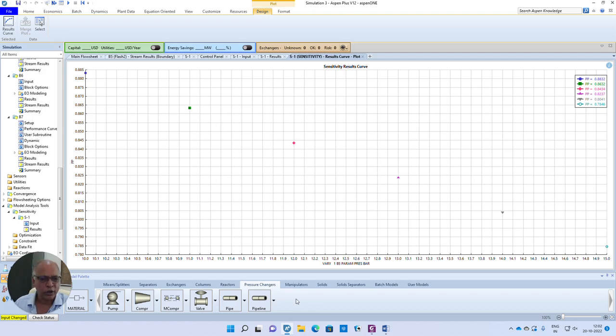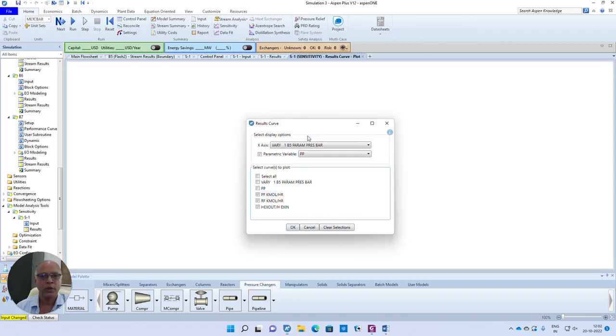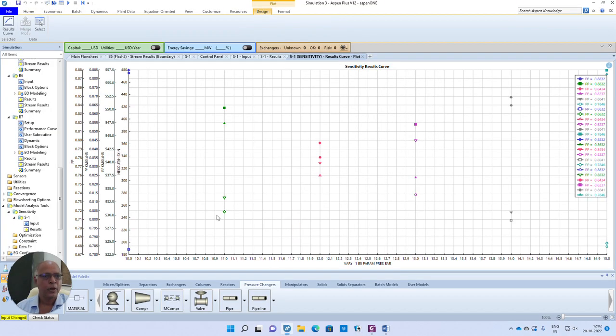In the same way, you can select all of them. You can see the graph should come anyway. You are able to see graphically what is happening to all these variables as a function of pressure, right? You will be able to see that as well.